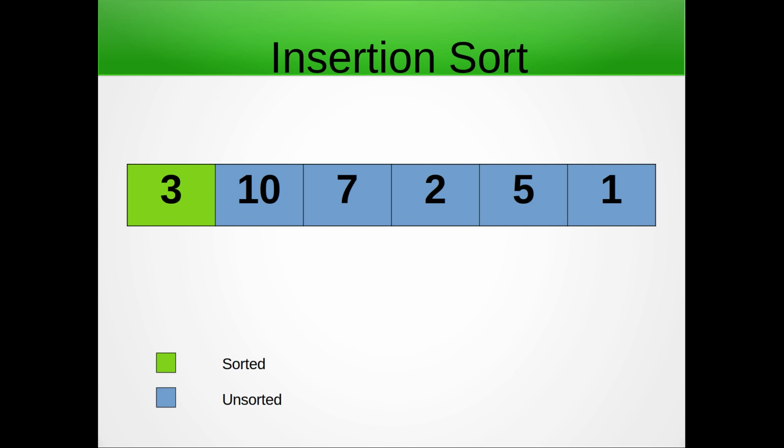As I was saying, at the beginning, I have one element in my sorted part and the rest of the elements in the unsorted part. And let's see what happens next.